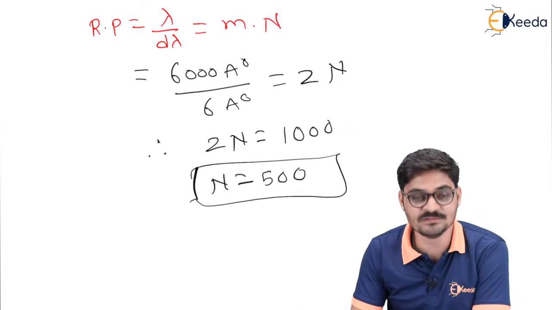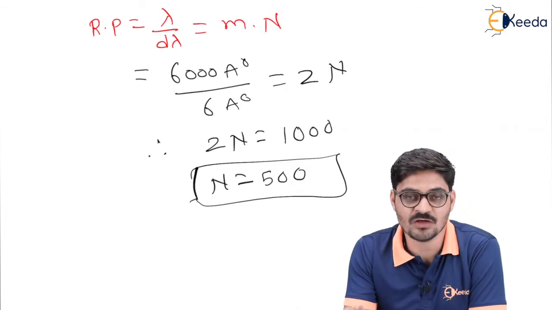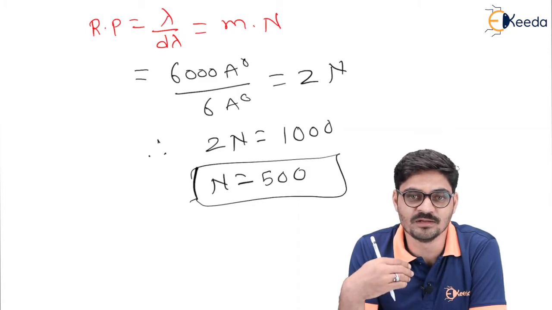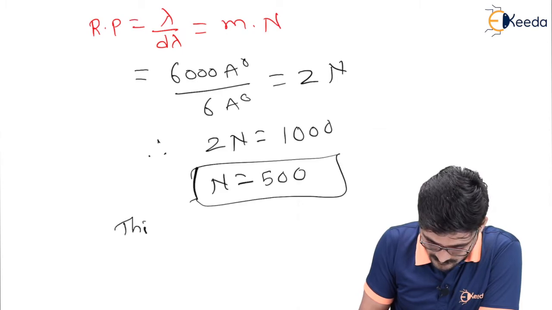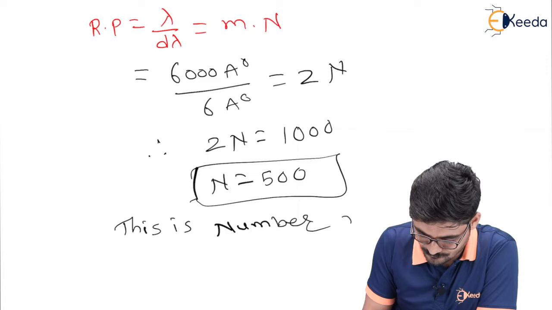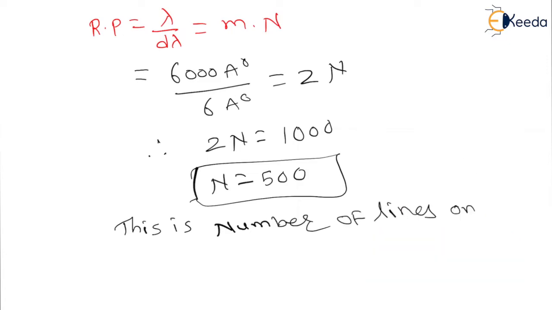So number of lines obtained are 500, but these number of lines are on 2 centimeter width of grating. So what will be the number of lines per centimeter? This is number of lines on 2 centimeter.